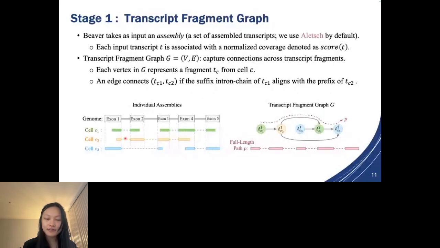This suggests that these two fragments might be adjacent parts of longer transcripts. This graph, therefore, captures the potential connections between transcript fragments observed across the entire population of cells.